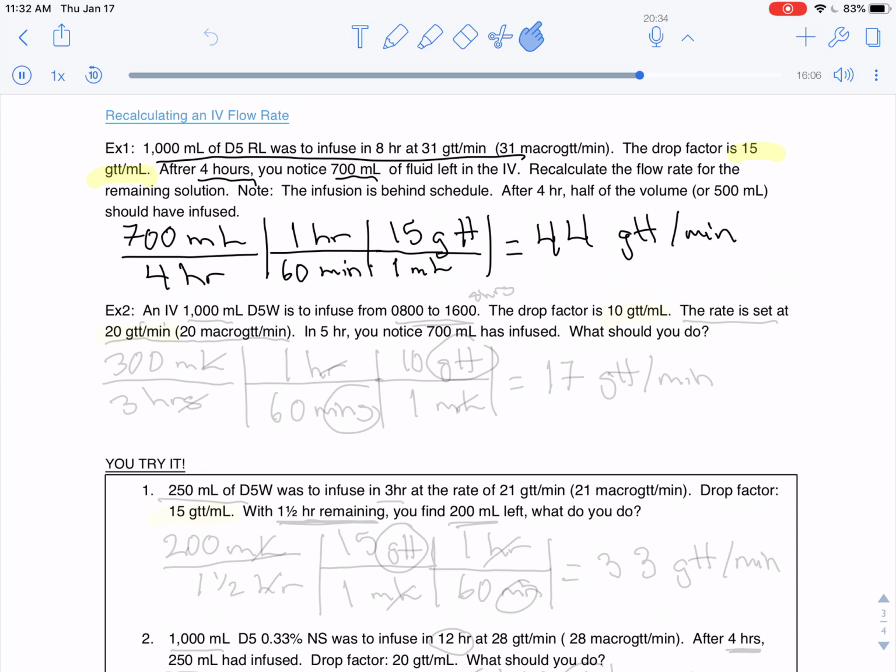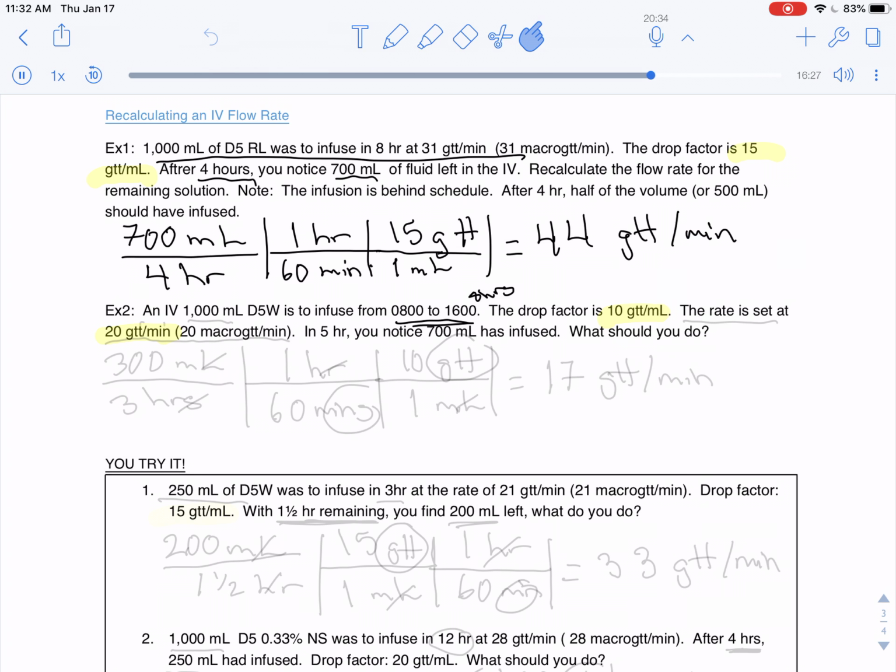In this next problem, it says that an IV consisting of 1,000 milliliters was supposed to be distributed over a total of 8 hours. So our drop factor is 10 drops per milliliter and our rate is 20.